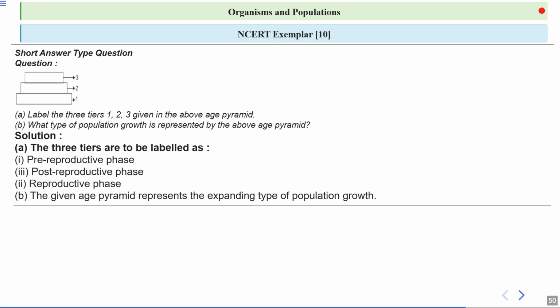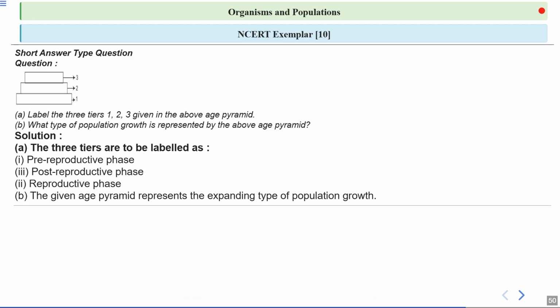Now the given age pyramid represents the expanding type of population growth. Here you can see the lowermost tier. This is, you can say, most wide. It contains more number of individuals in the pre-reproductive phase. Okay, then in reproductive phase, and the least number of individuals in the post-reproductive phase. So this population will grow because more number of individuals are in the pre and the reproductive phase.